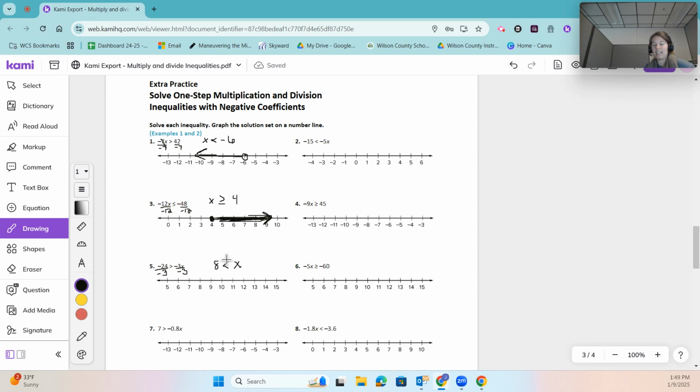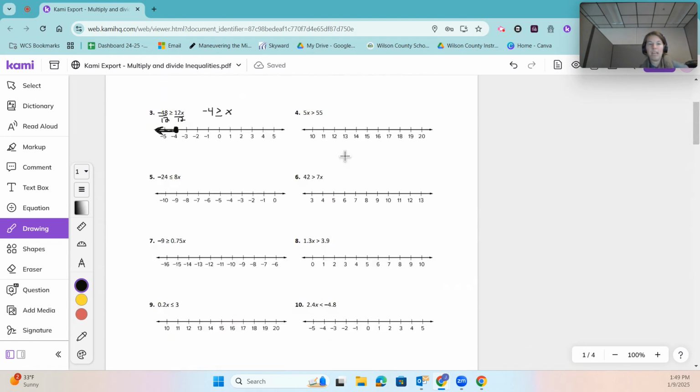So I have an open circle at 8, and x is all the numbers that 8 is less than. So 8 is less than 10, 8 is less than 12, so my arrow goes in that direction. Several more that you can try like that.